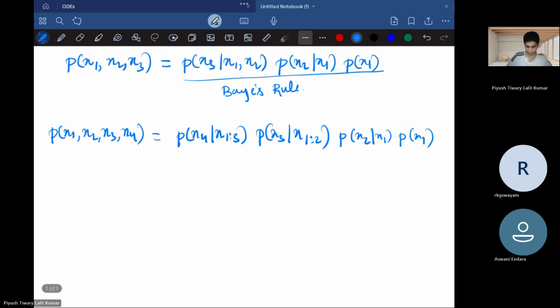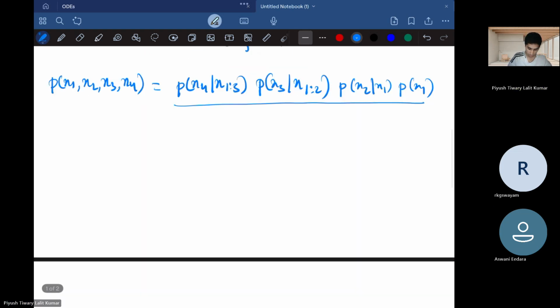This is a decomposition of the joint distribution. You can use probabilistic graphical models to represent this particular structure or decomposition.